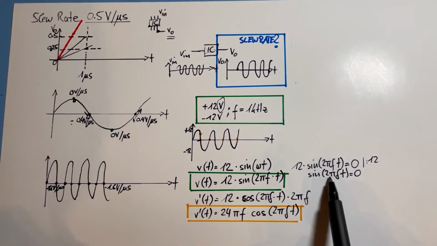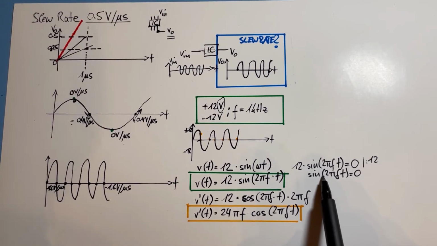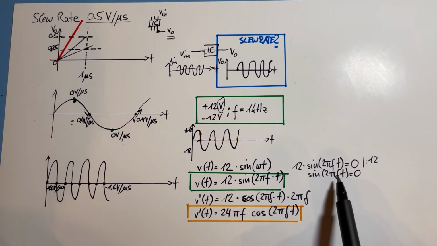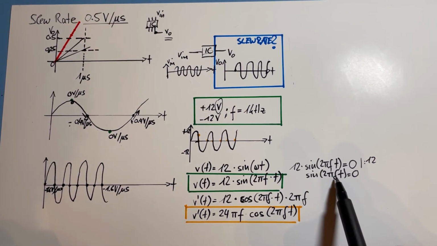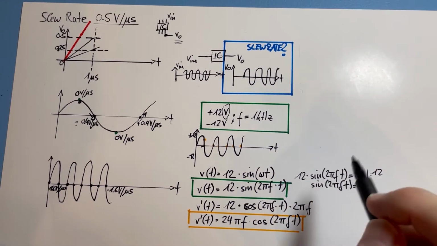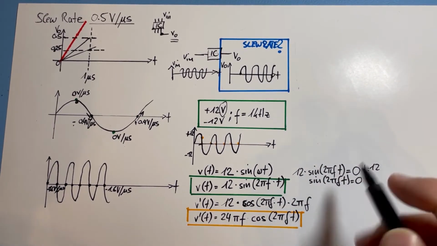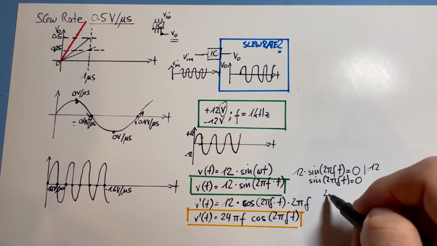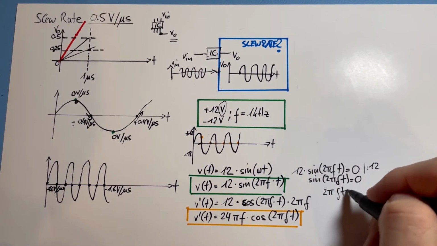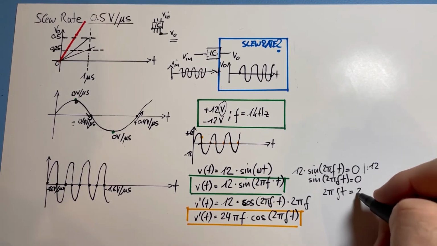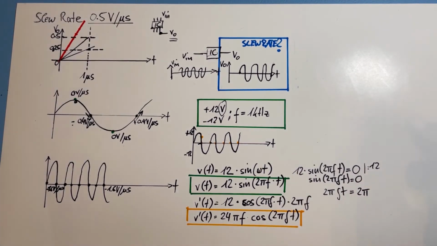Or another thing would be at pi, so when that inner thing here equals pi, or when that inner thing here equals 2 pi, for example. So let's do that. Let's say this is 0 when 2 pi ft equals 2 pi, for example.